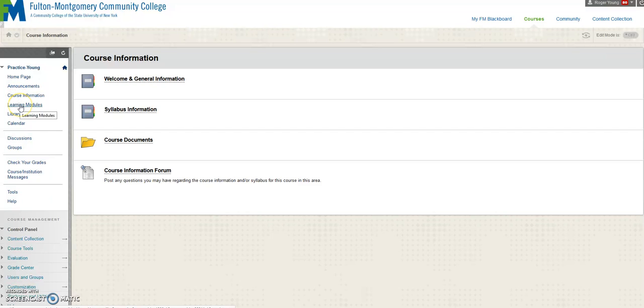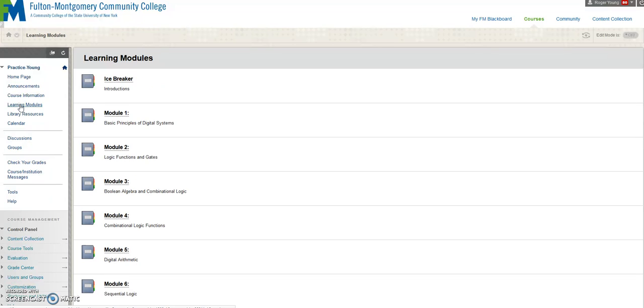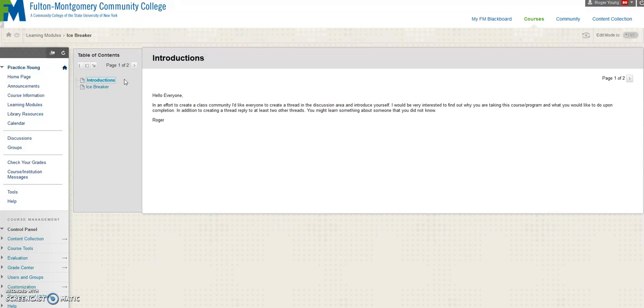The next section of interest are the learning modules. Now the learning modules really are where the meat of the course is located. The first module is an icebreaker. The purpose of this icebreaker is to allow the students to introduce themselves to one another and basically create a class community. I would like them to work together if they have problems to come up with a solution rather than everyone asking me.